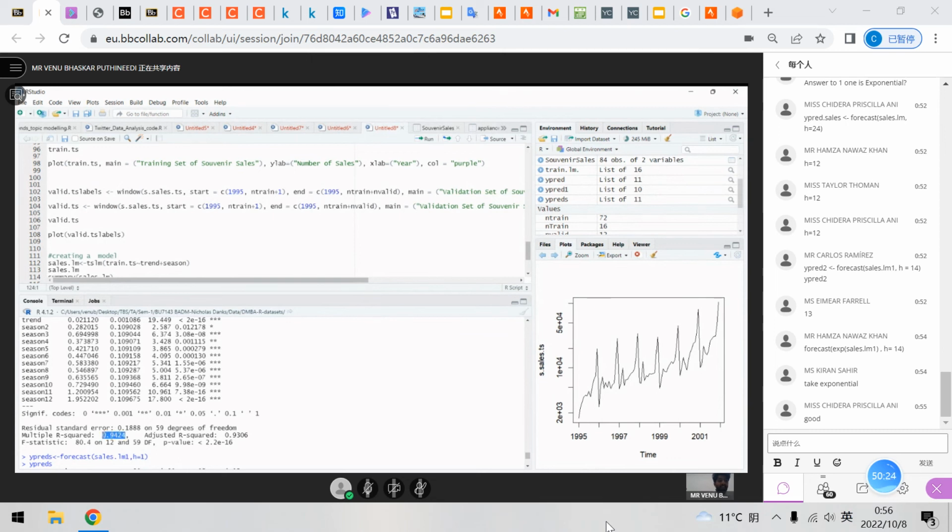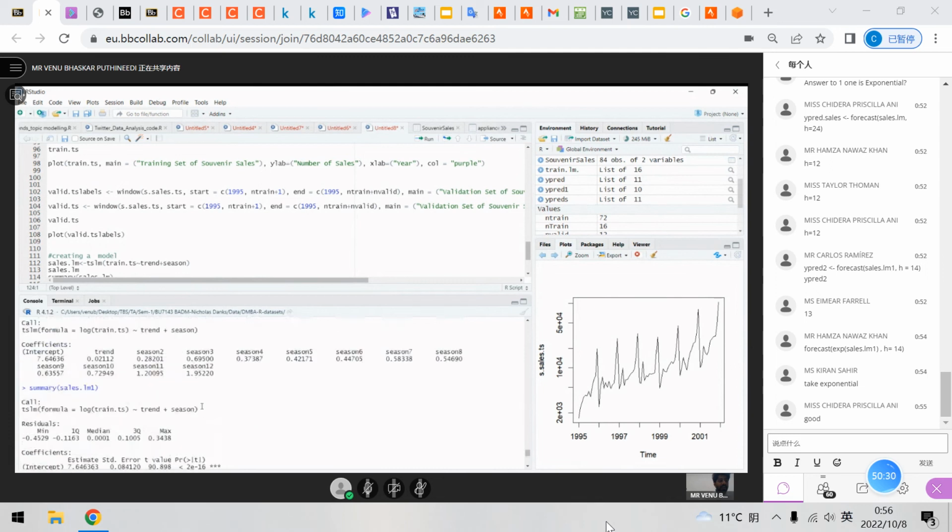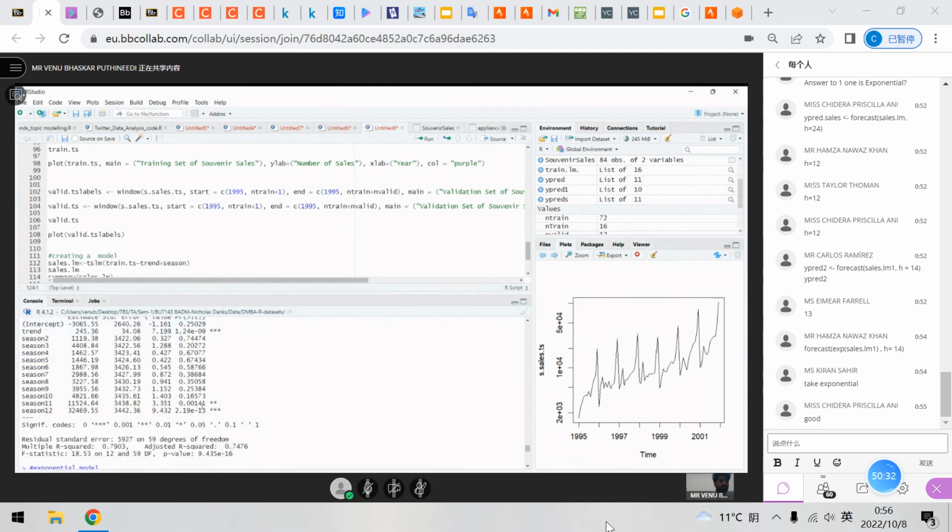Here, for the log model, if you use the adjusted R-square, it is understanding 93% of the data. But when it comes to the linear model, it only understands 75% of the data. So better accuracy metrics and better understanding of the data. So those are the two reasons why we would choose the log model instead of the regular linear trend model.